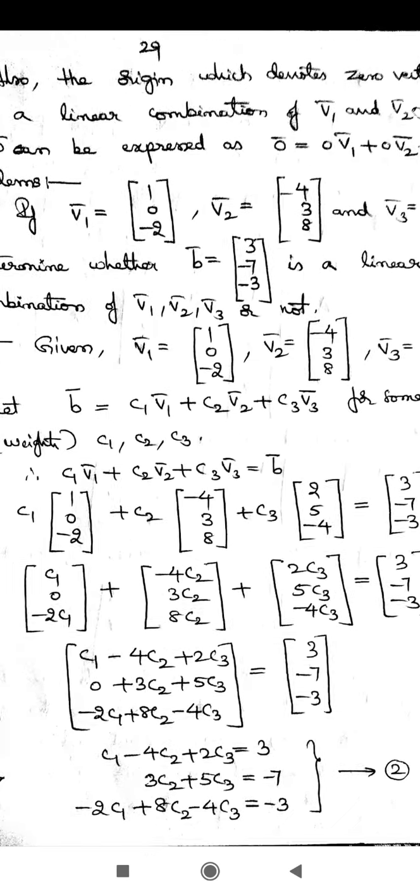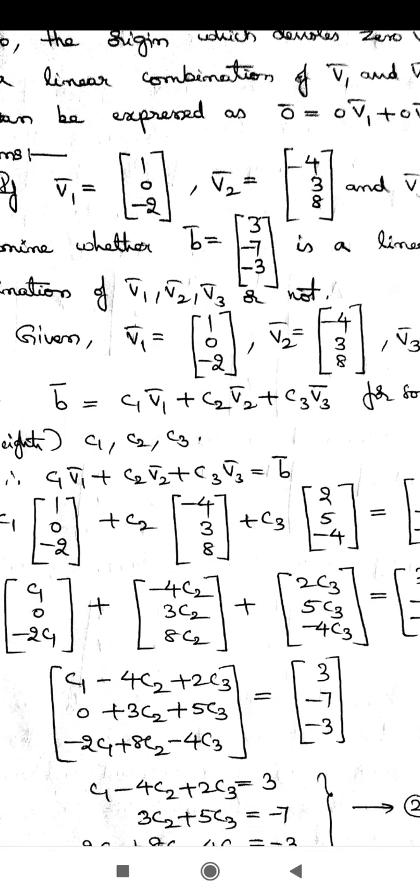So let us see how we can do that. The given vectors I have mentioned in the beginning as they are, and next I am taking b bar as a linear combination of these vectors. Linear combination means the sum of scalar multiples of these three vectors.